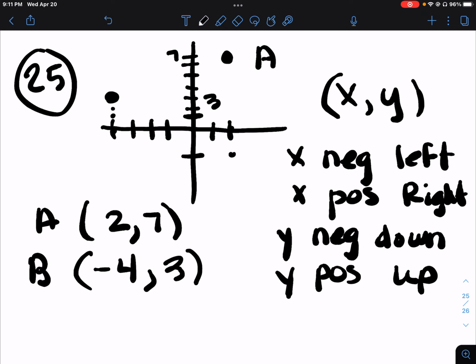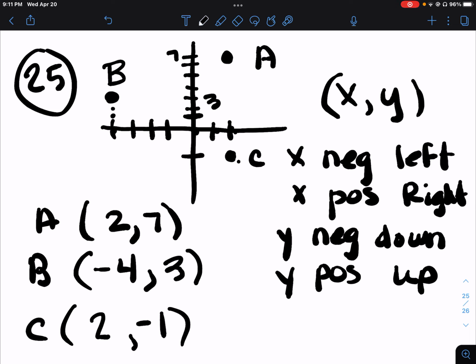Okay. Let's call this, well, that's B. Let's call this point C. C would be right 2, down 1. So right 2, positive 2x, down 1, negative 1y.